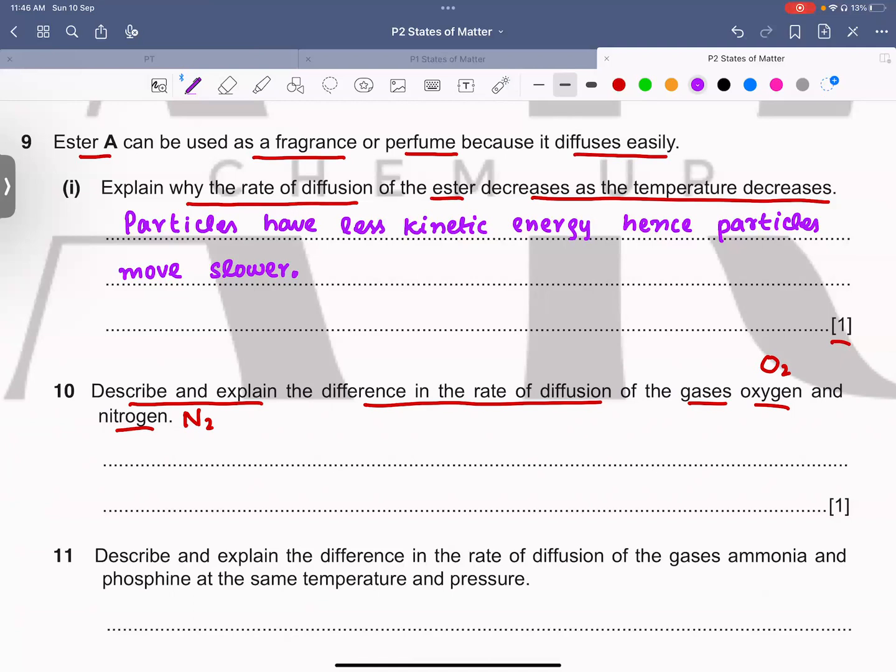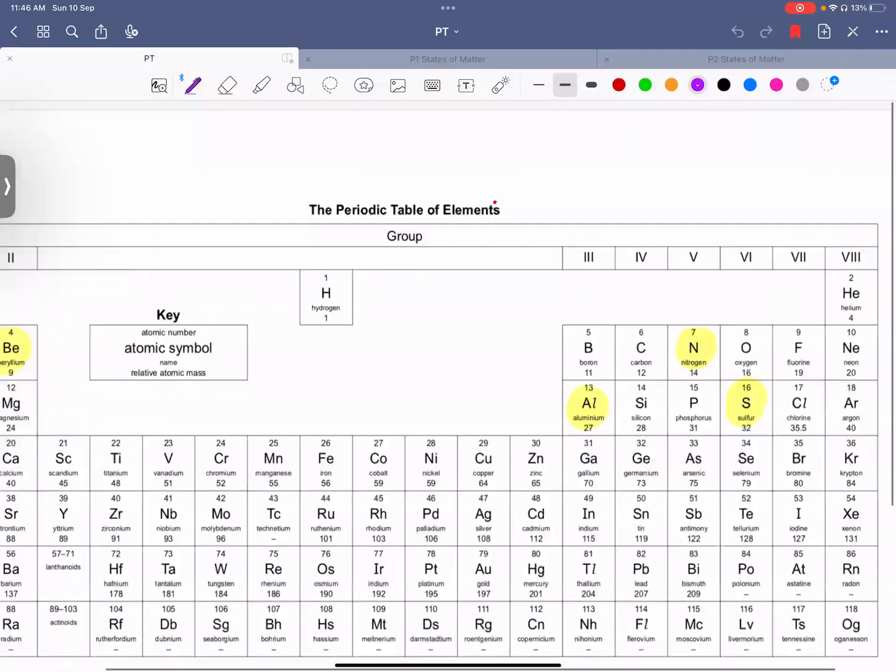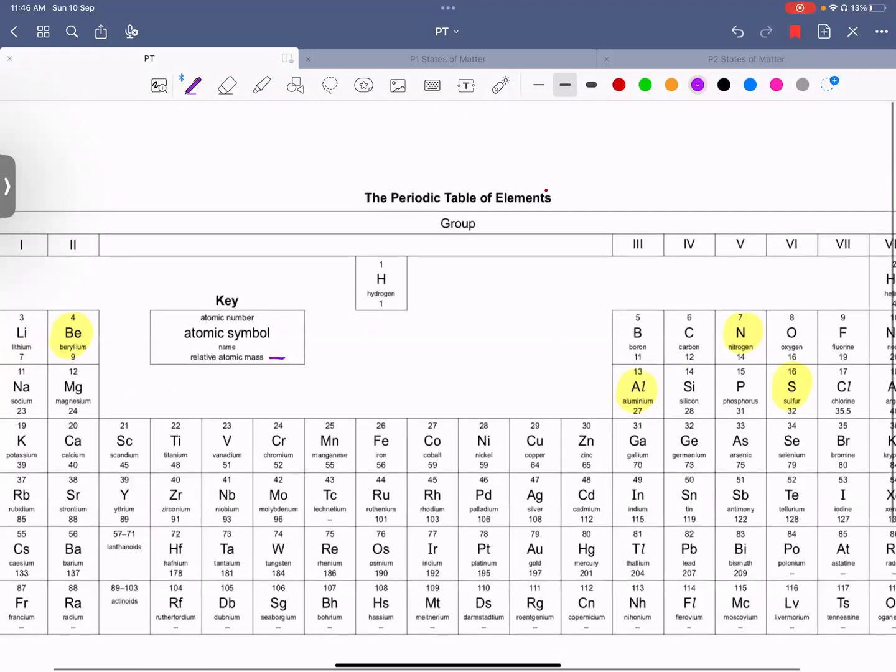Yes. So see, if we look at the periodic table, there is a relative atomic mass. The relative atomic mass of oxygen is 16.